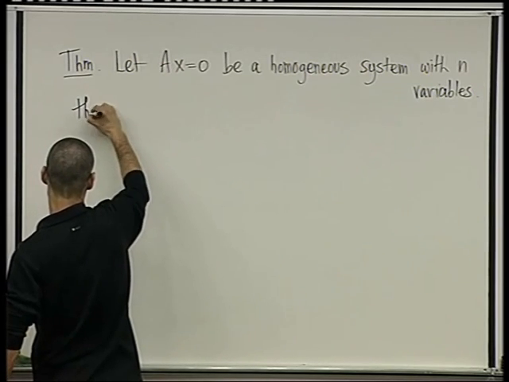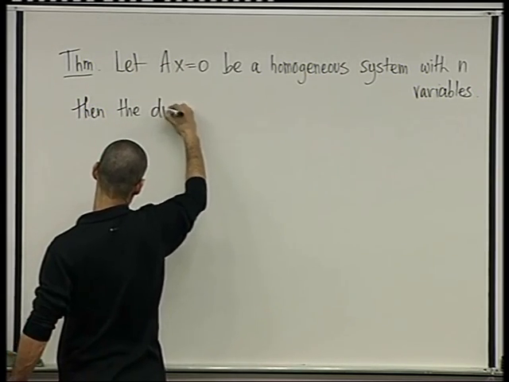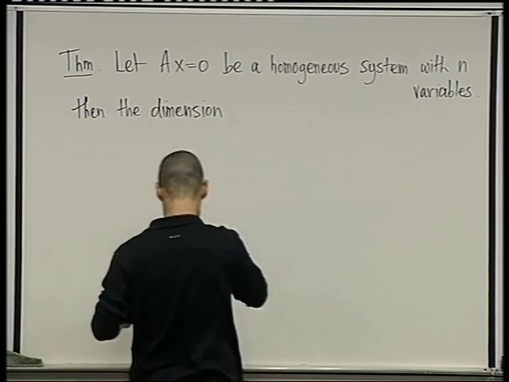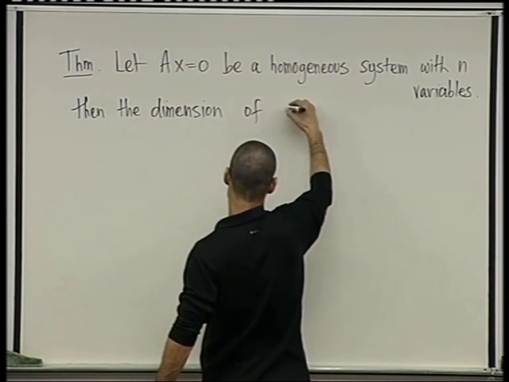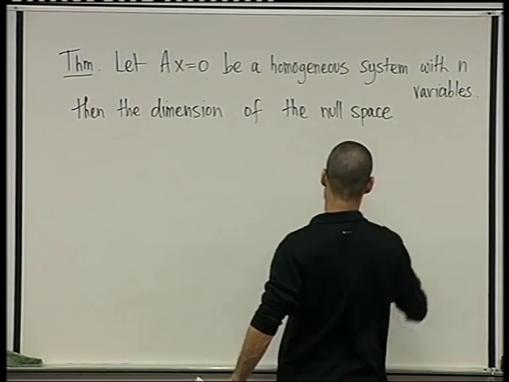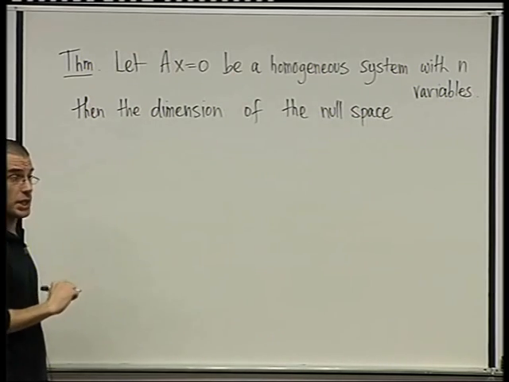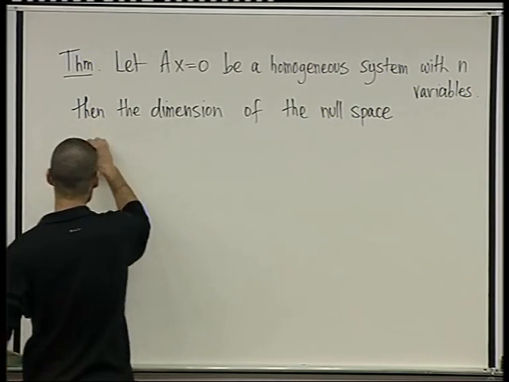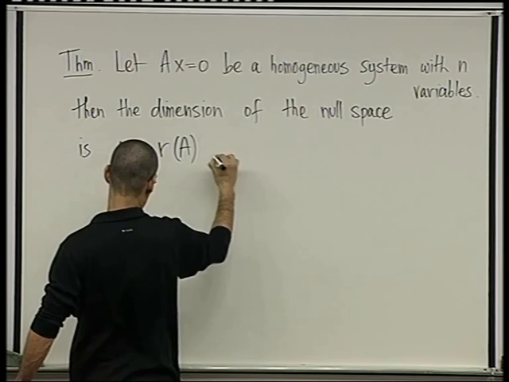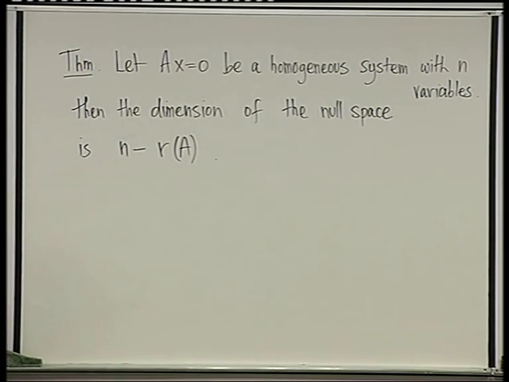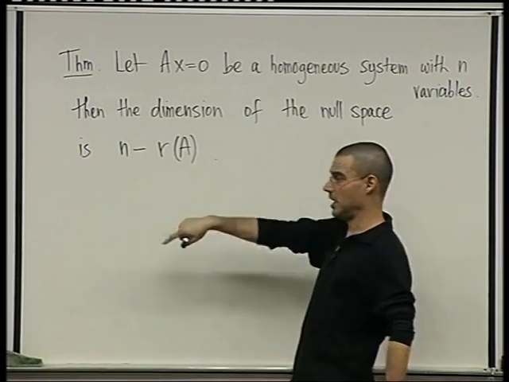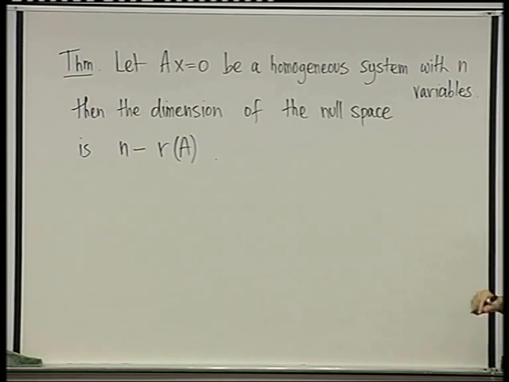Then the dimension of the null space, the dimension of the set of solutions, is n minus the rank of A. The dimension of the null space, which is the same as the dimension of the set of solutions, is n minus the rank of A.